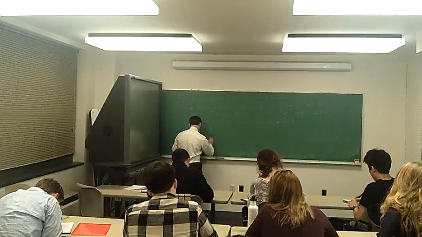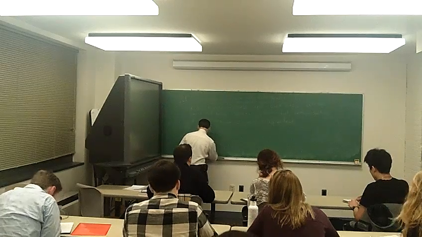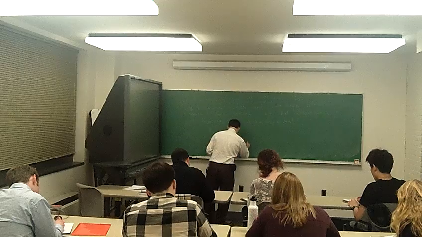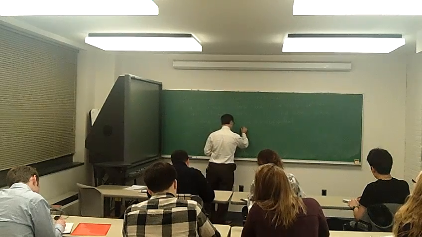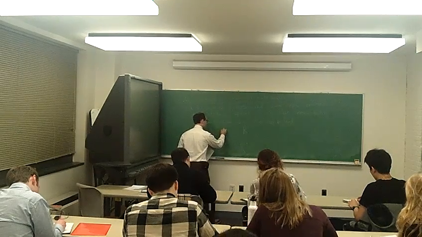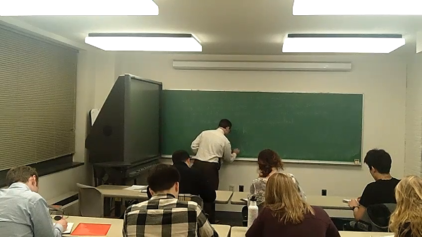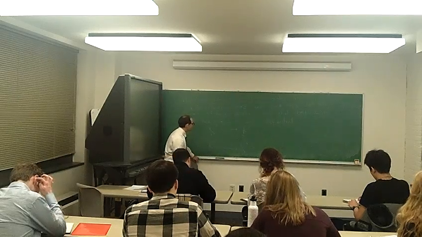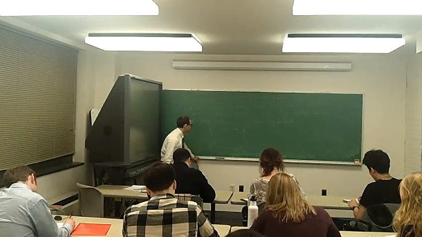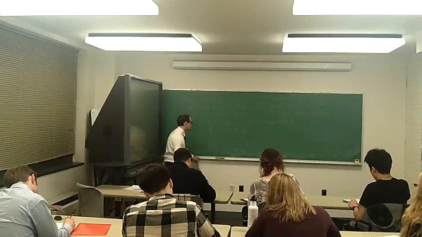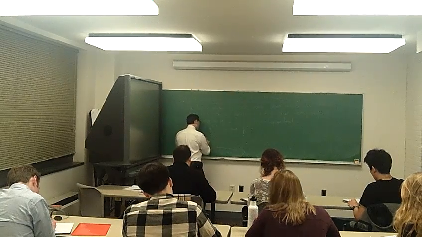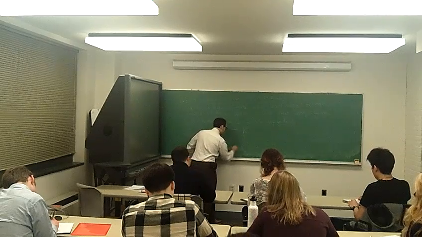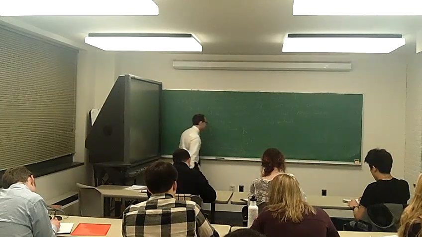Here is an R5. Here is an R4, and here is an R3. And I'm going to label these maps. First I'm going to put them down as names. So I'll call this one M1, M2, M3, and M4.